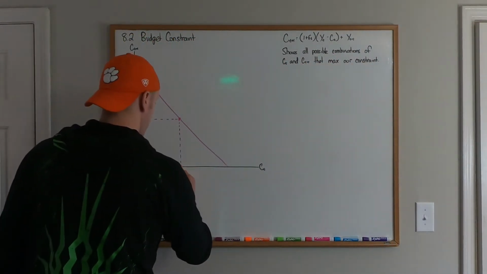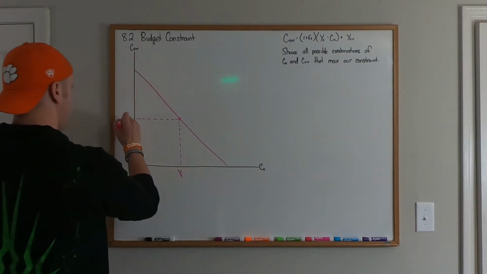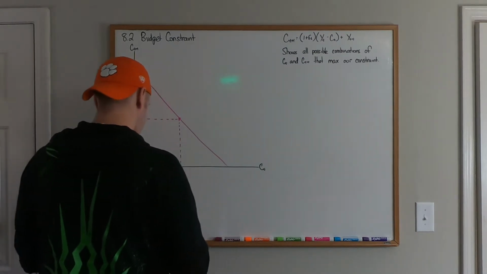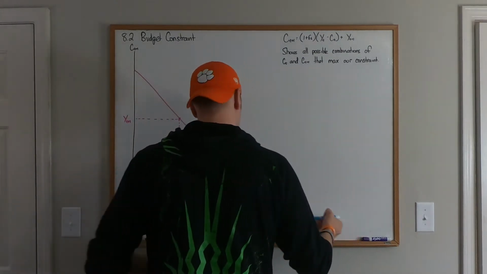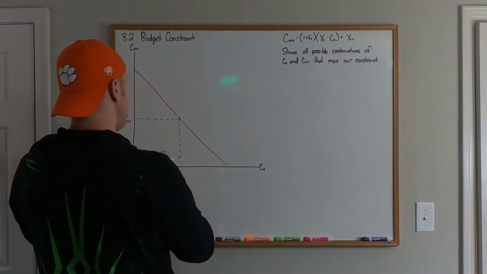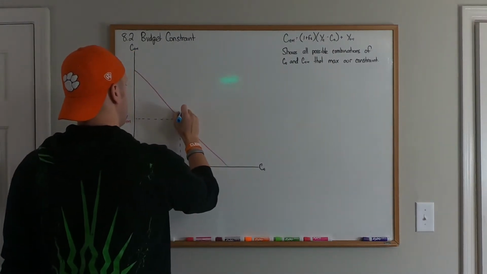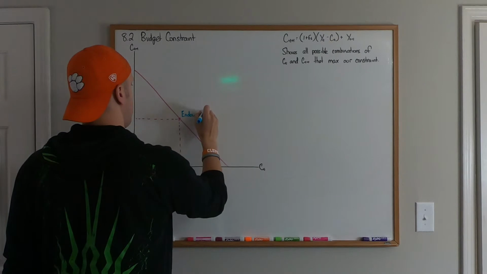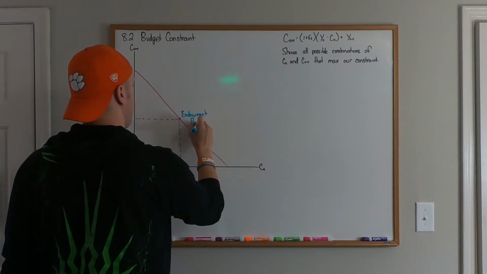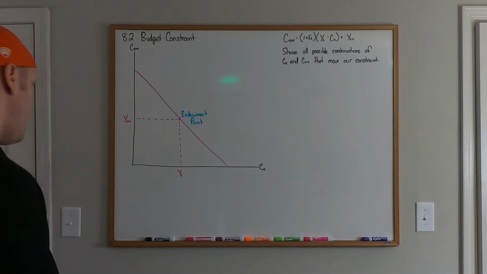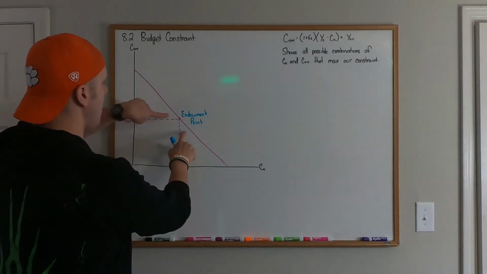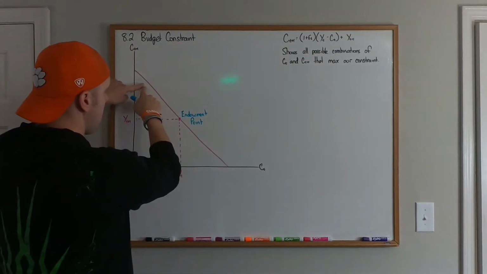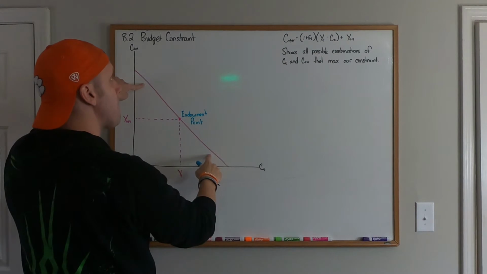Now, at this point here, we have what's known as the endowment point. And I'm making every attempt to use the same color coding in this lecture that I have in the book. So this is our endowment point. It is a point on this budget line, because this, graphed out, is this pink line here.